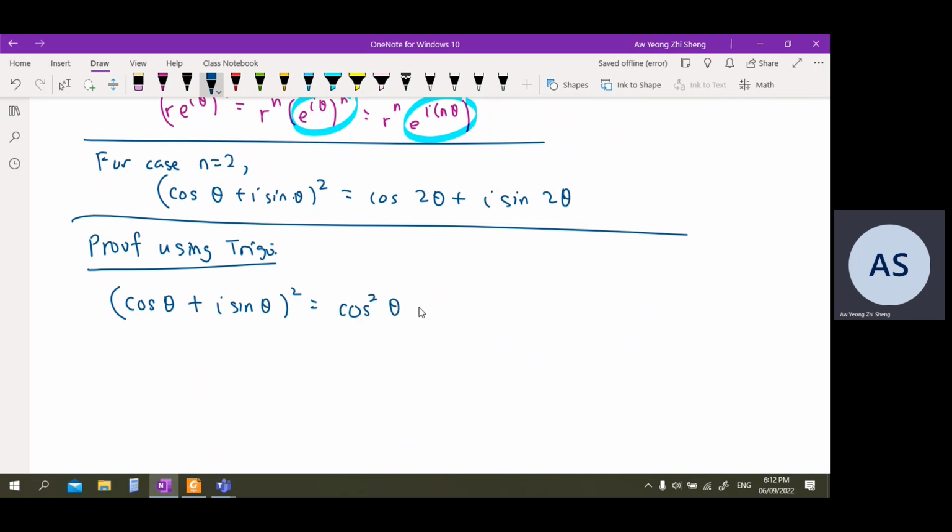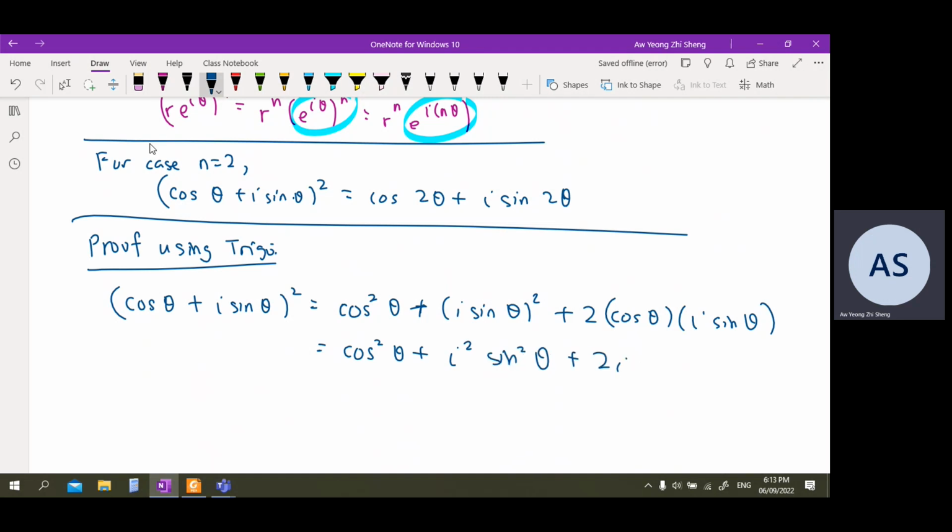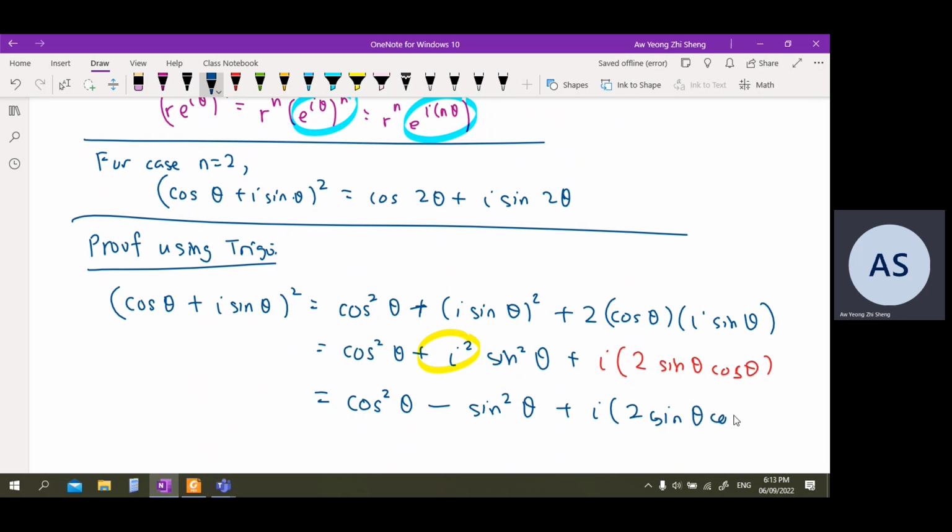So I have cos squared theta plus (i sin theta) squared plus 2 times cos theta times i sin theta. That is cos squared plus i squared sin squared plus 2i, maybe it's better for me to write i at the front, i(2 sin theta cos theta). i squared is just negative 1, and so I write cos squared theta minus sin squared theta, and the term at the back I keep as i 2 sin theta cos theta.